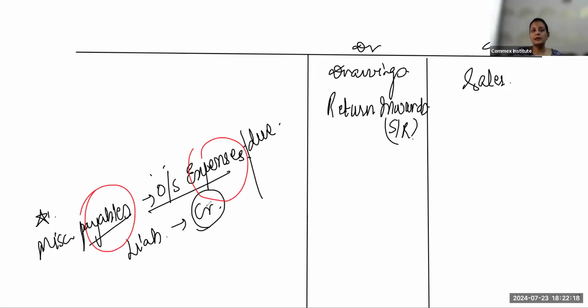So expenses payable or expenses due or outstanding expenses, any of the terms might be used. If these three terms are used, then it will become a credit balance. So here it is miscellaneous payables.